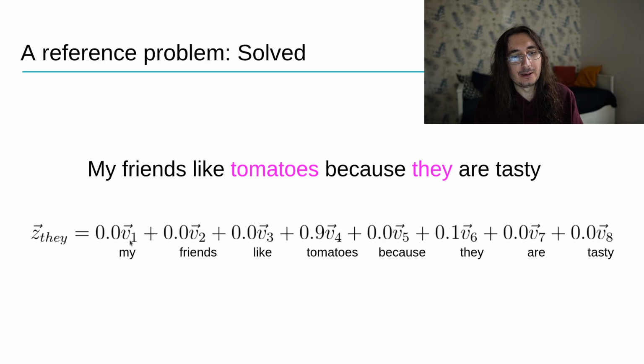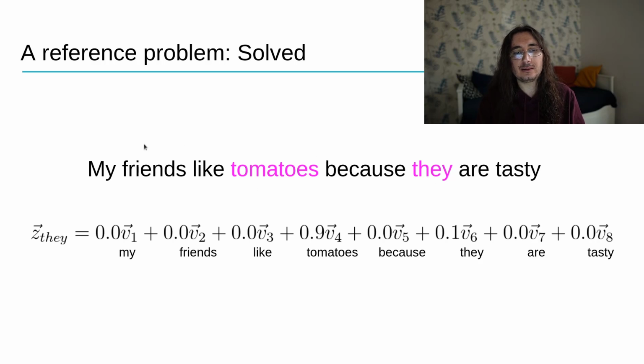So we have the sum of the value vectors associated with all the different words weighted by the relative weights. Okay, so let's take a look at the two main candidates "they" could be associated to.